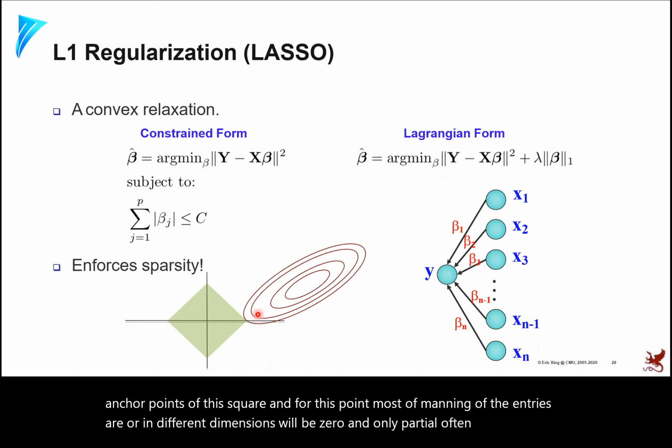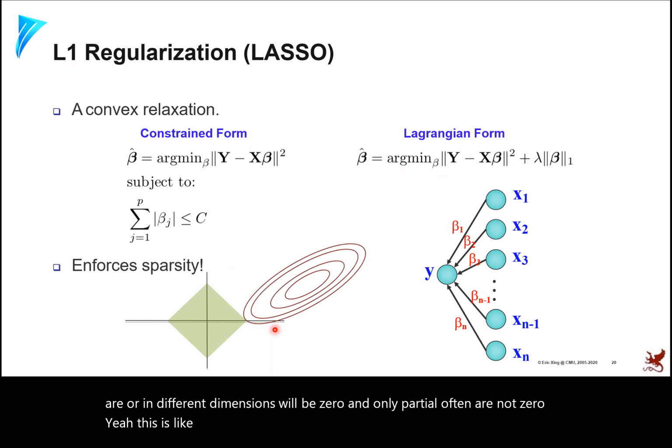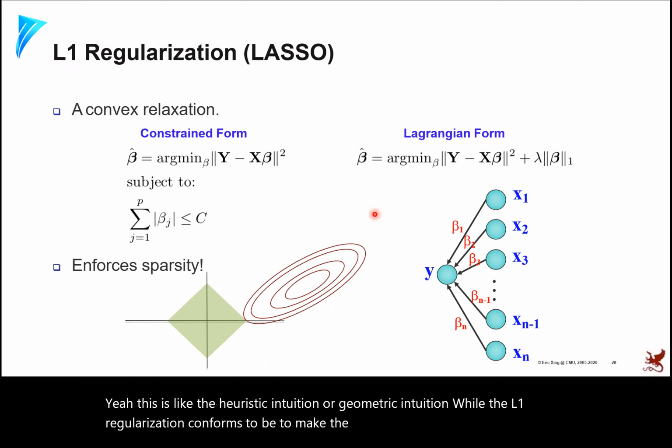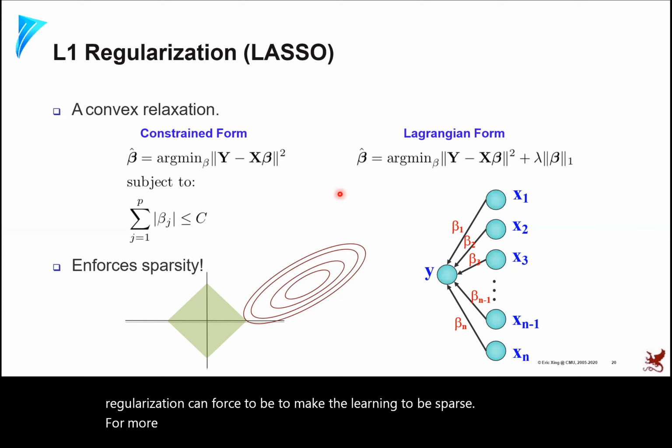This is the geometric intuition for why L1 regularization forces the learning to be sparse. For more detail, you can look at the Lasso derivation, and I think the paper has more details about why this forces sparsity.